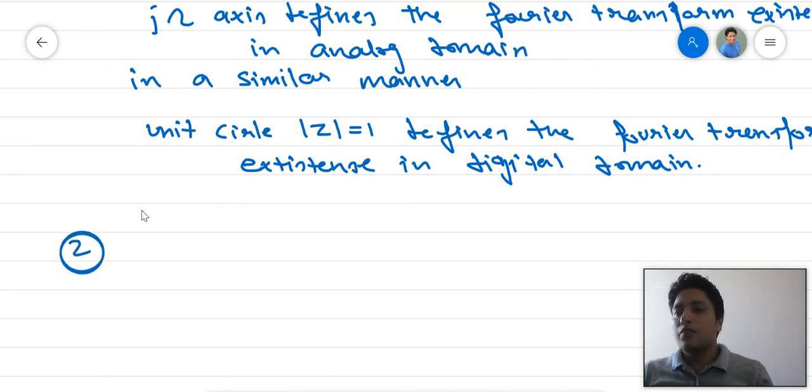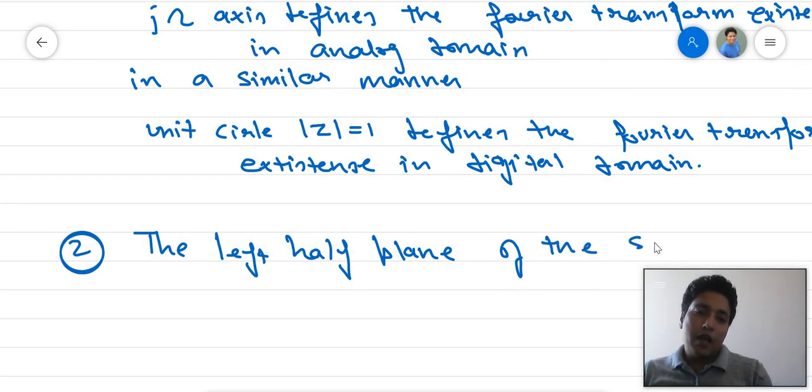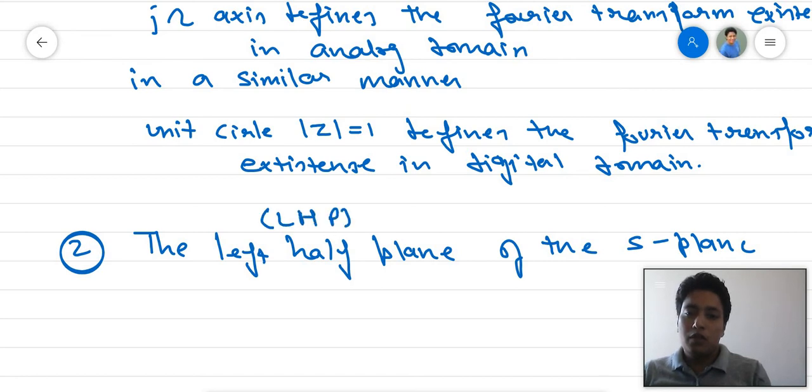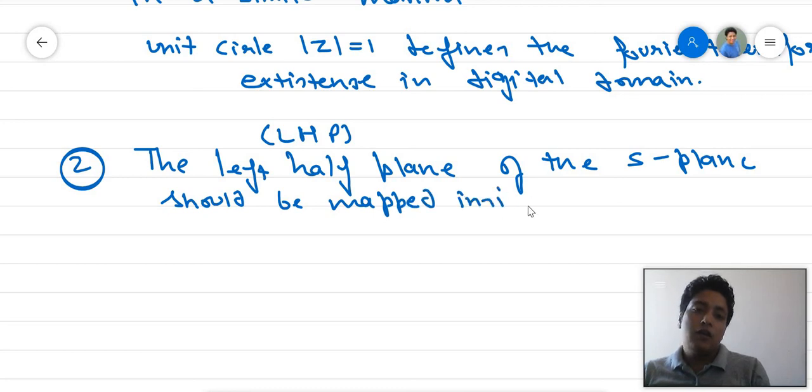Second condition is that the left half plane of the S plane, sometimes also called LHP, should be mapped inside the unit circle.